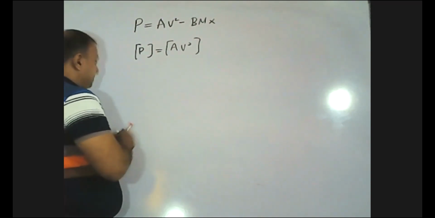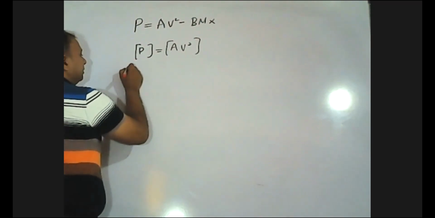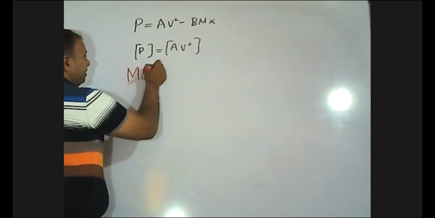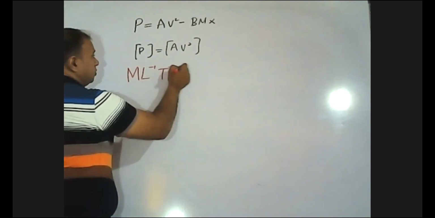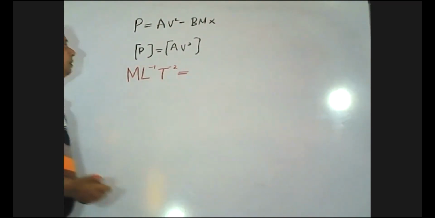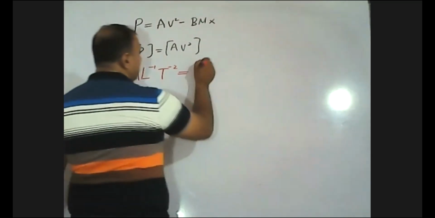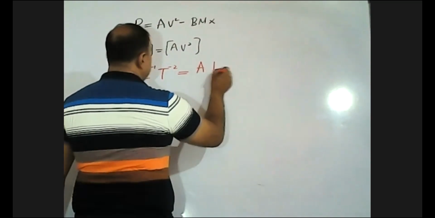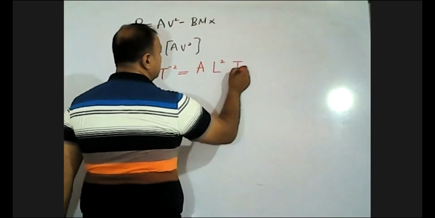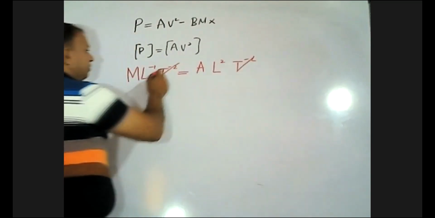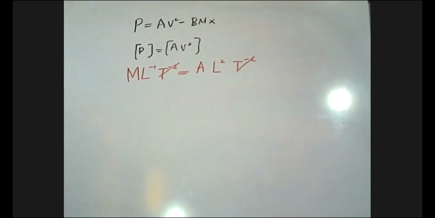Therefore, I can write it as work done means M L squared T minus 2, equal to AV squared. AV squared means A L squared T minus 2. So T minus 2 will be cancelled out.